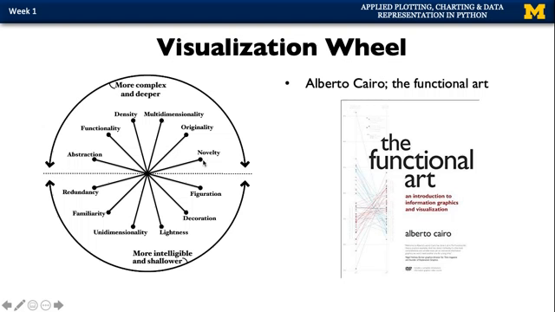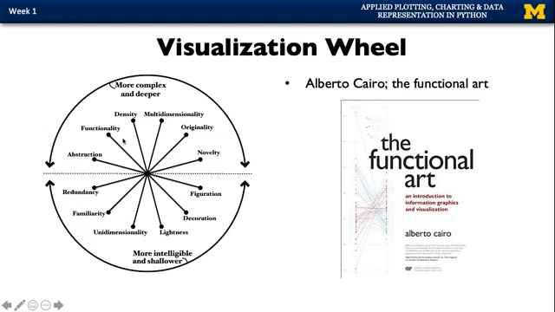Novelty means that you explain the data only once. Redundancy means you explain the data multiple times in multiple graphs. And abstraction and figuration: the more abstract, the more complex, but if you go to more real-world objects, it will be easy to understand.